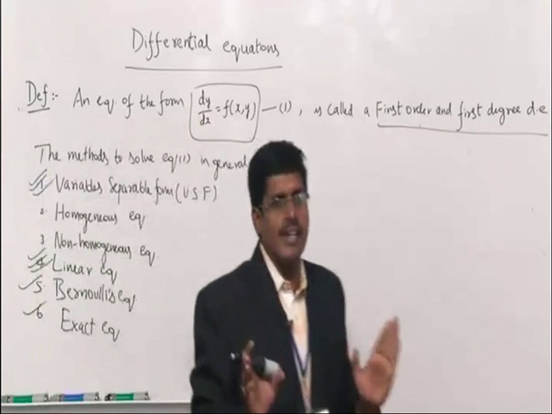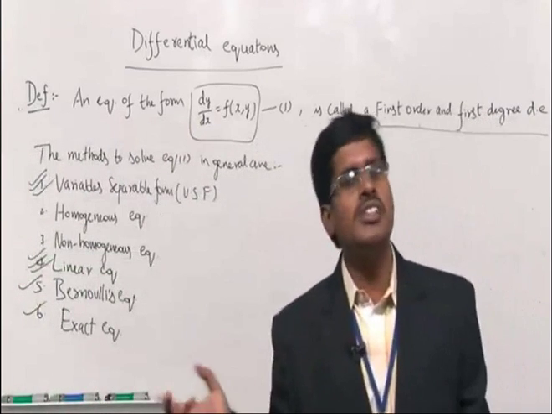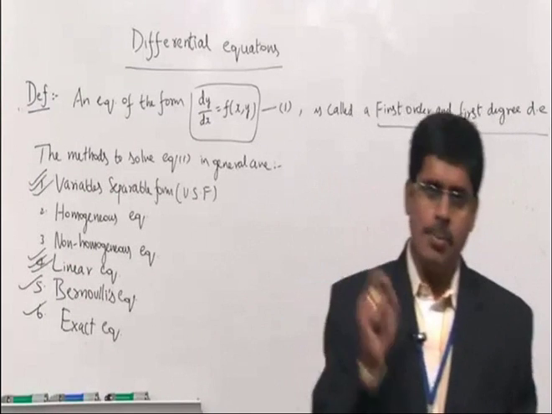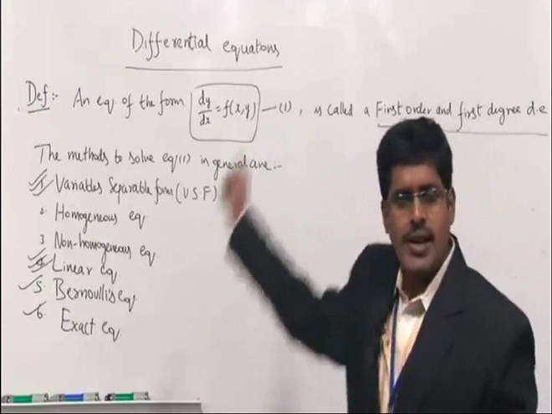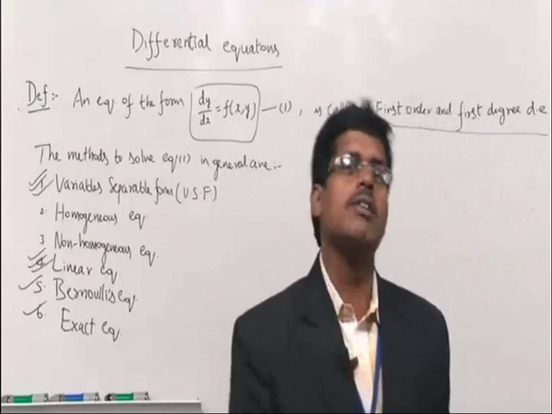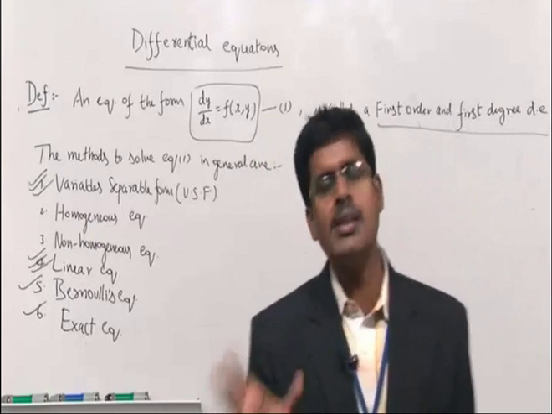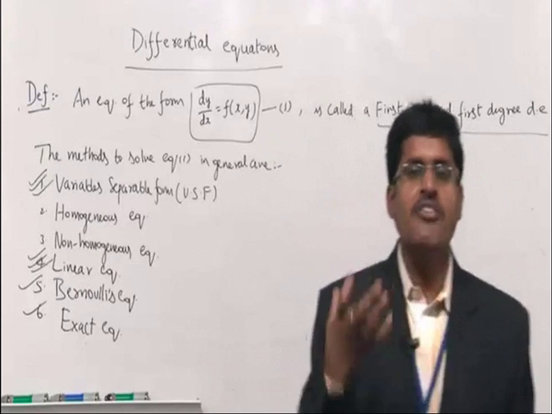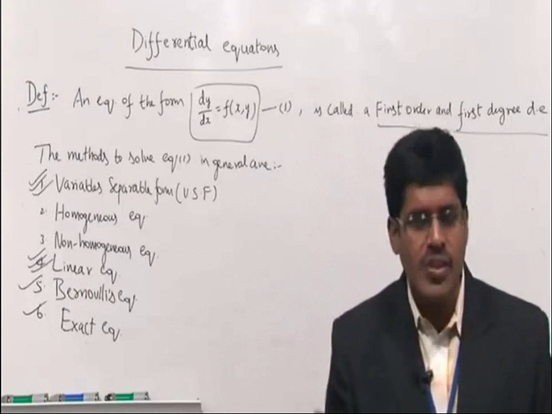Solving means we are finding the solution only. Finally, a solution means whatever you get that satisfies the given differential equation. Remember the order of the differential equation, that is, first order, first derivative. A solution containing only one arbitrary constant is called the general solution. First of all, what is the meaning of solution? It is a relation between the variables, free from derivatives, satisfying the given differential equation.